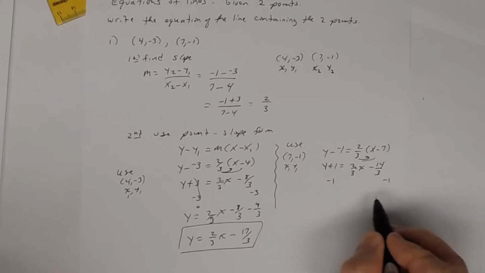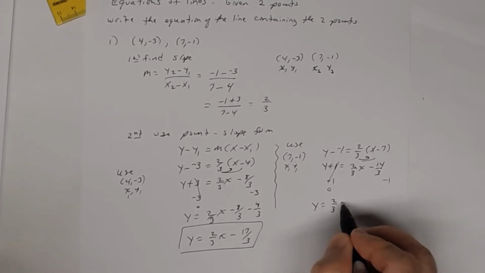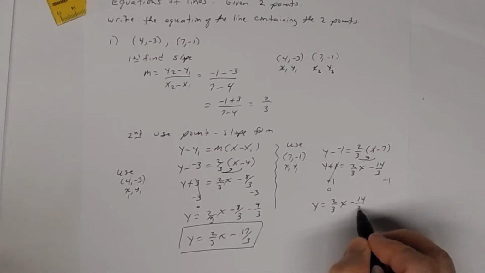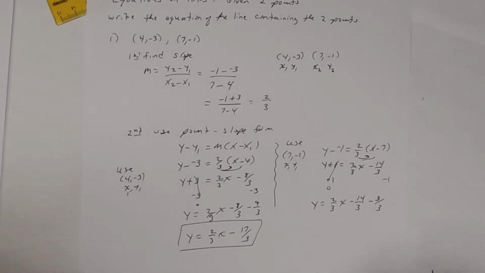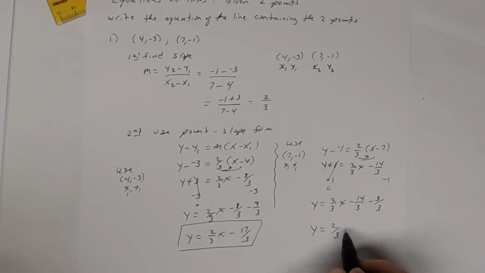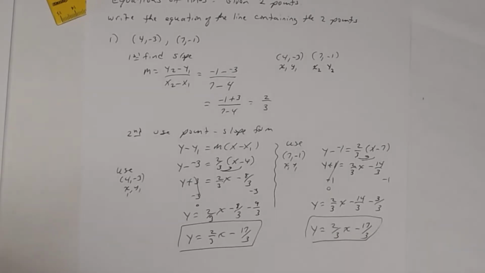Subtracting 1 from both sides and combining like terms, I get y equals 2/3 x minus 14/3, and I can write negative 1 as negative 3 divided by 3. So the LCD is 3. Notice a negative 14/3 and a negative 3/3. Negative 14, negative 3 is a negative 17. So I can see, get the same answer. Does not matter which point you use. You get the same answer.